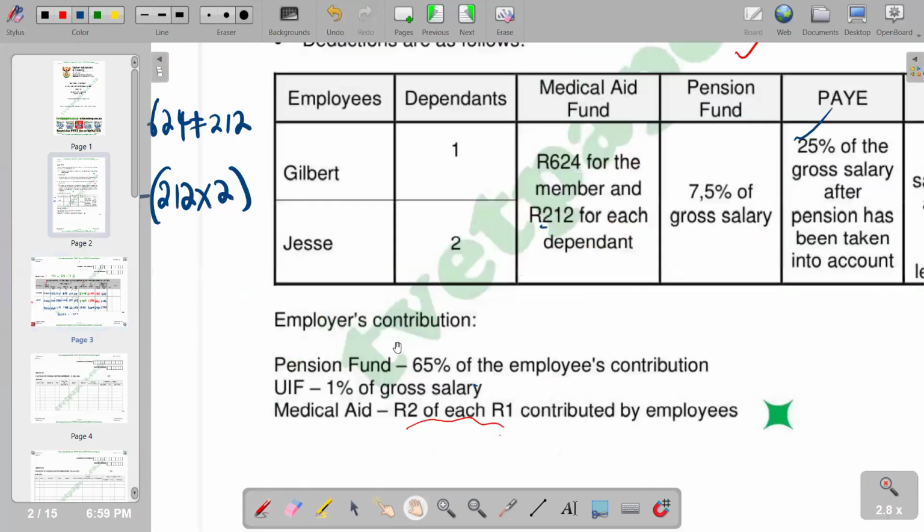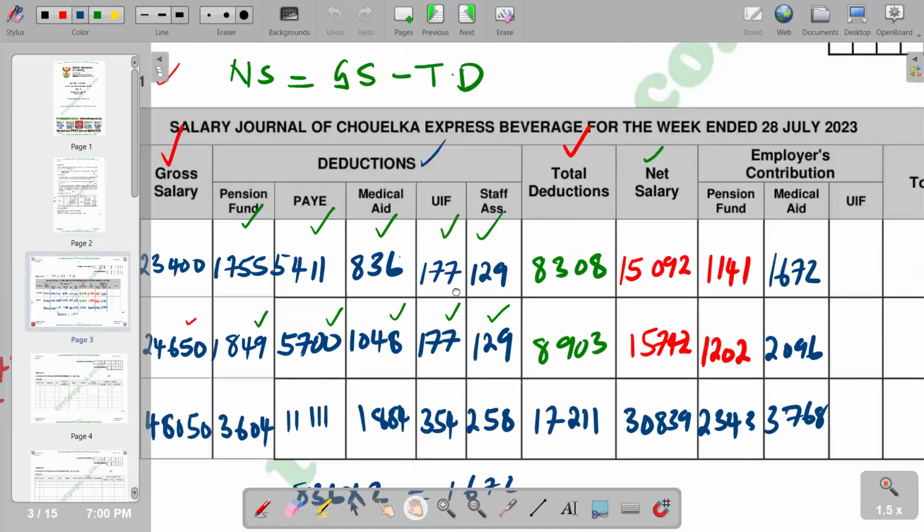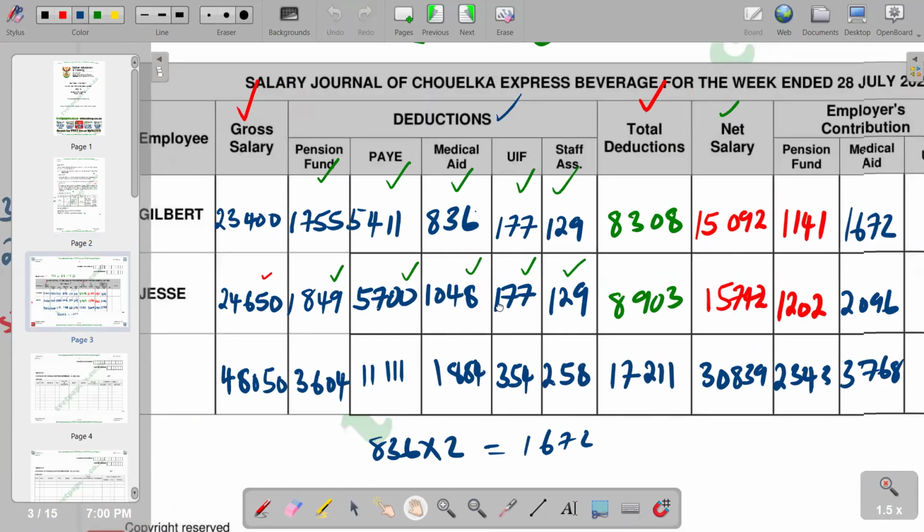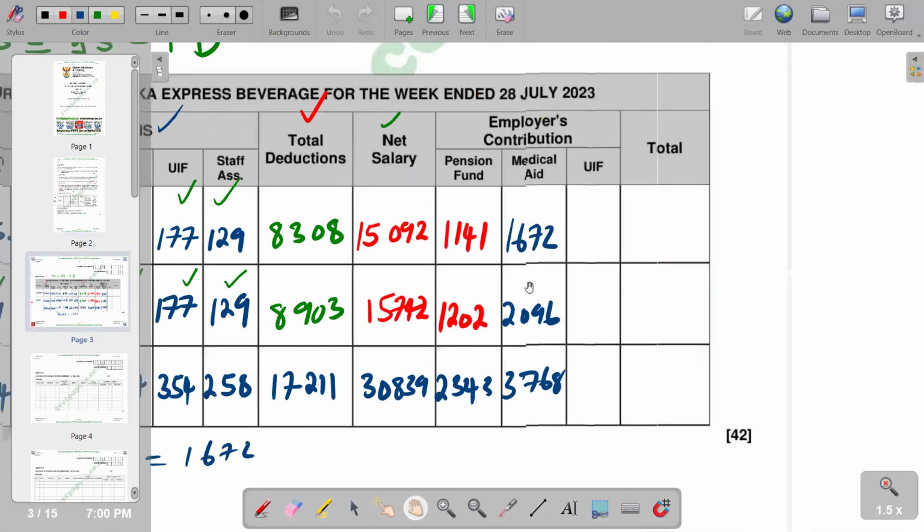So it means the same UIF that we have for Gilbert and Jesse is going to apply to the employer. So we are taking 177 for both of them. So we put 177. And of course, the total is 354.